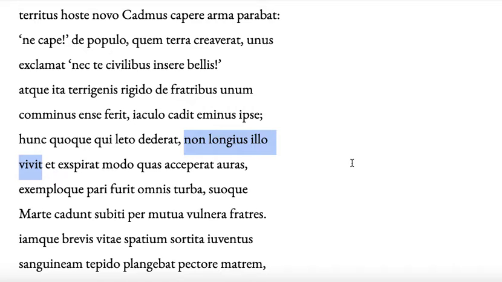And then the next phrase, et expirat modo quas acceperat auras, and he breathes out, expirat, the air, auras.